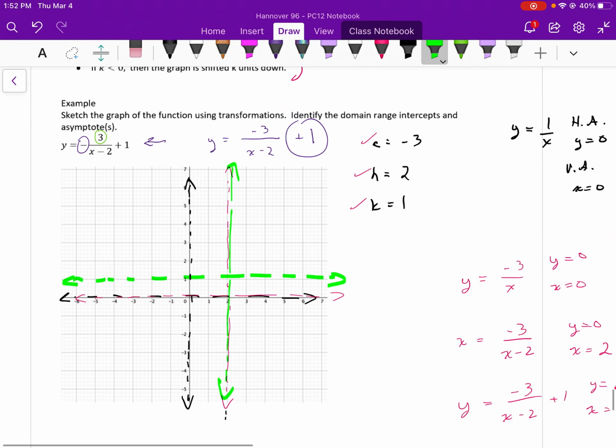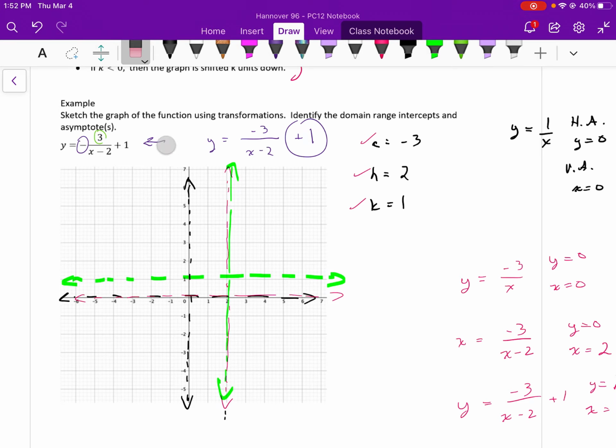Really, if I was doing this, I would graph my horizontal and vertical asymptotes. Now you can plug in your x values into this function and graph your hyperbola.